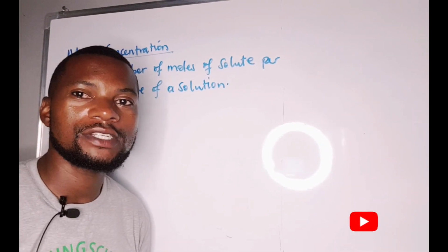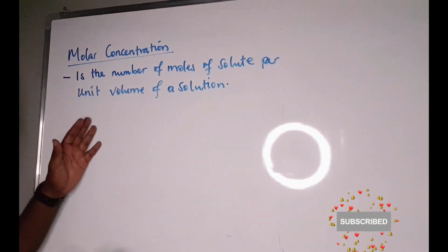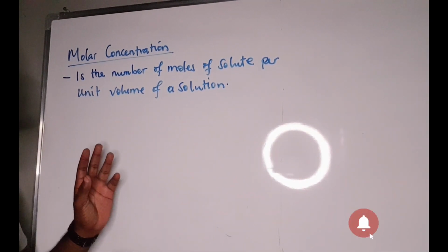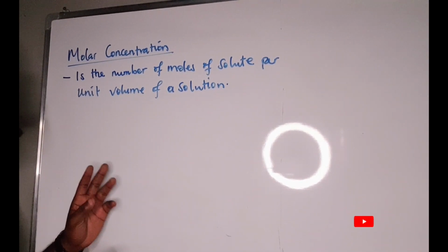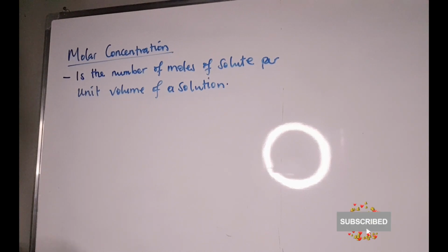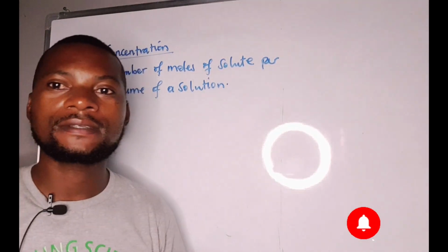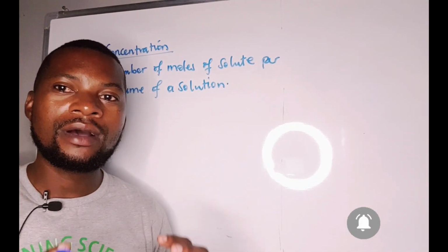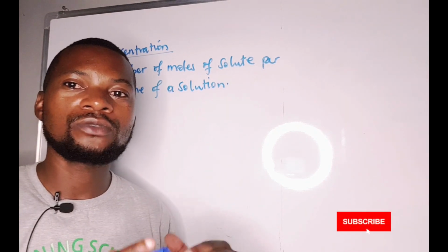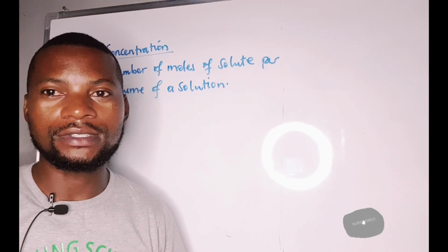Molar concentration is the number of moles of solute per unit volume of a solution. Simply put, it is the number of moles dissolved in 1 liter of a solution.